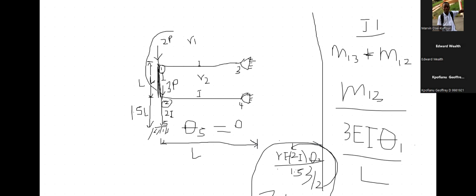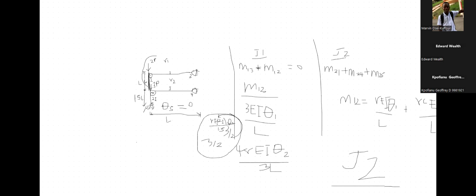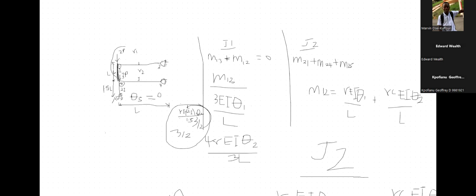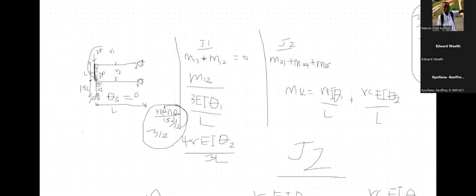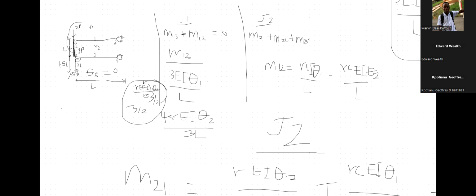So that means that when you go to junction 1's equations, every arrow will be R1 because it corresponds to 2P. So here is R1, here is R1.